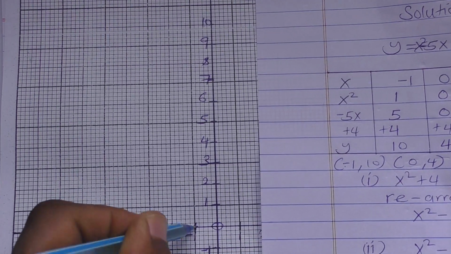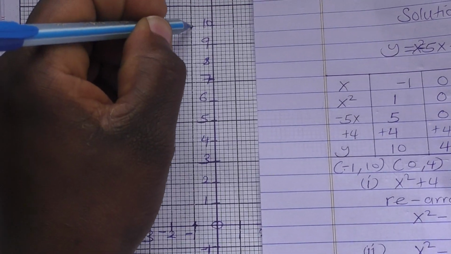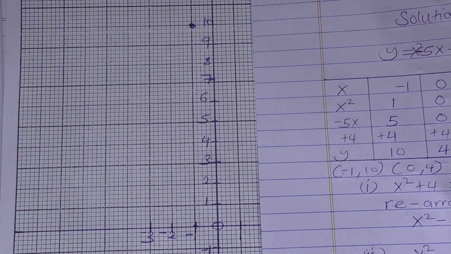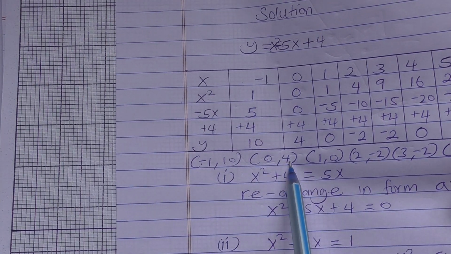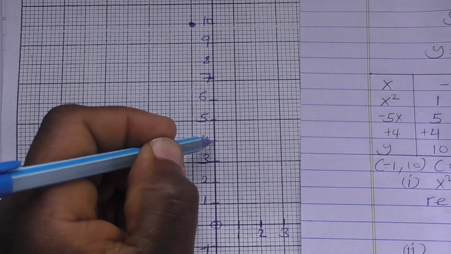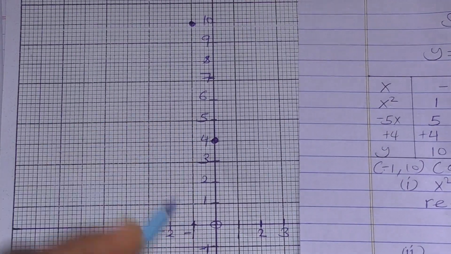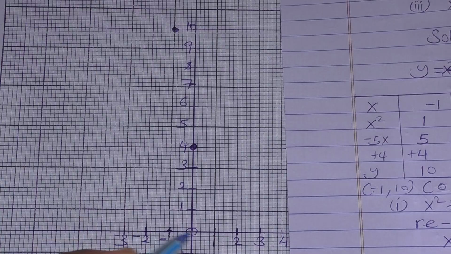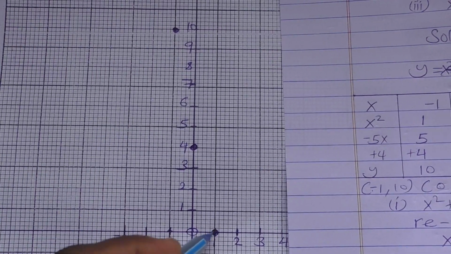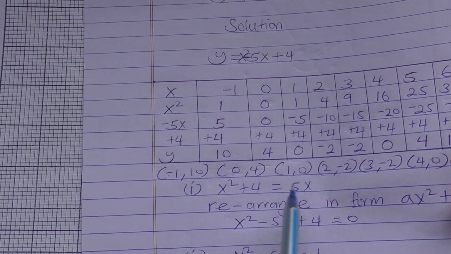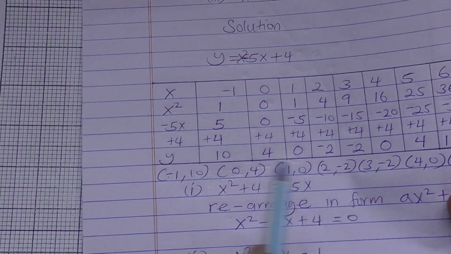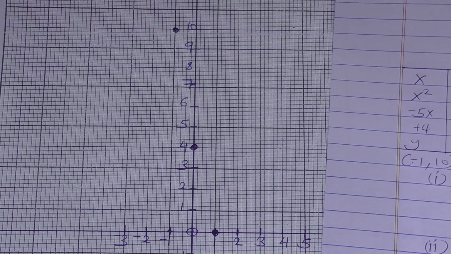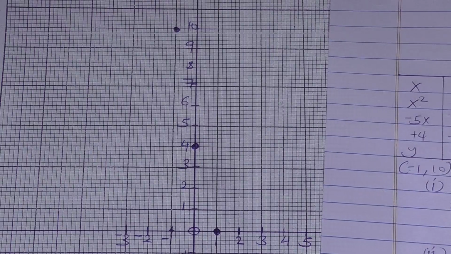Let us plot -1, 10. We have 0, 4. So this is 0, 4. We have 1, 0. So this is 1, 0. We have 2, -2.